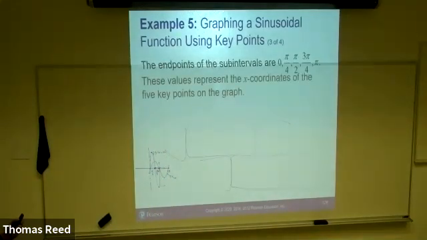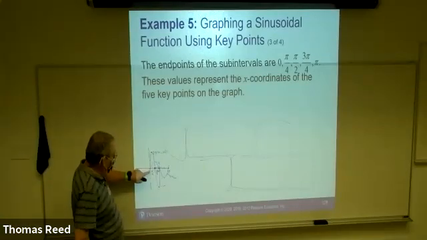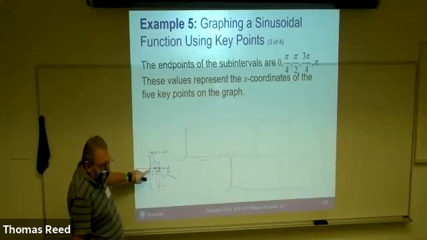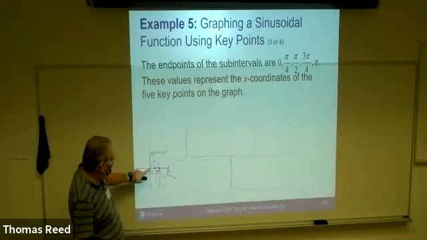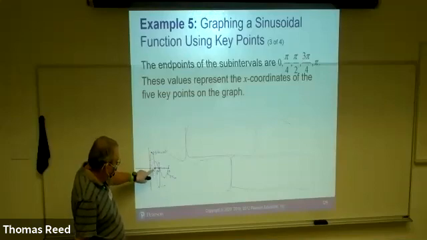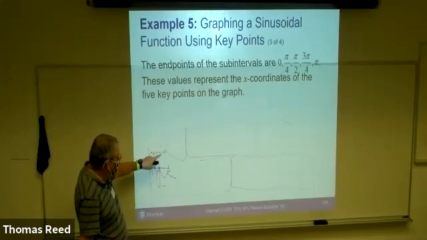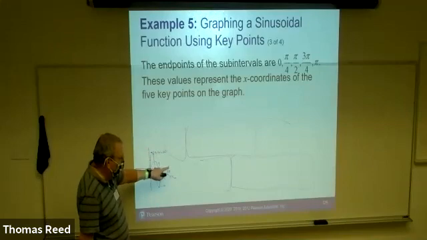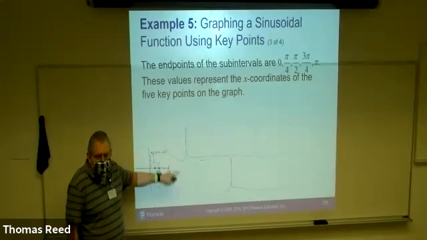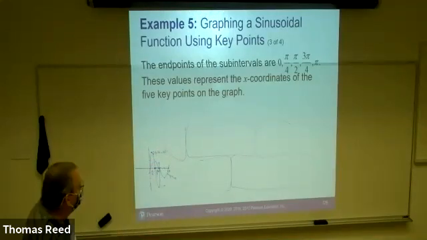Those will represent the key points. So the y values of the key points go from 0 to 2 to 0 to -2 to 0, and so on, so that it bounces up and down again.